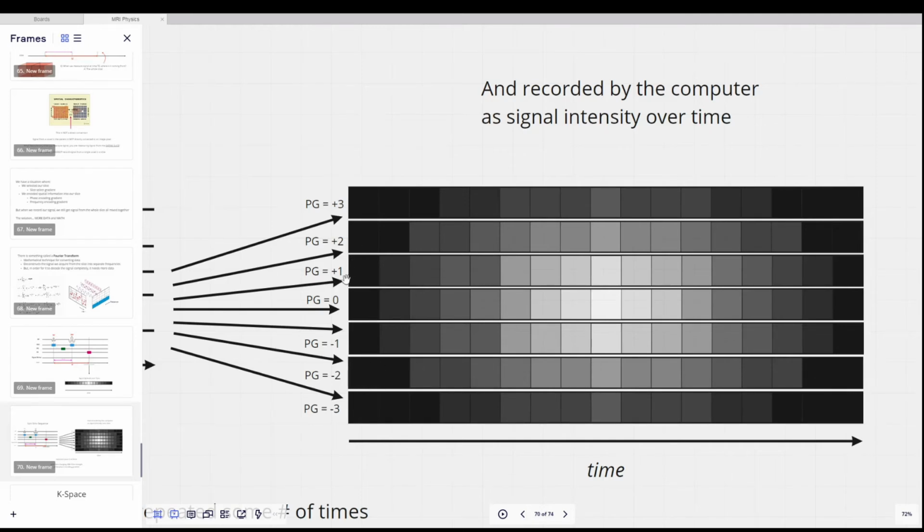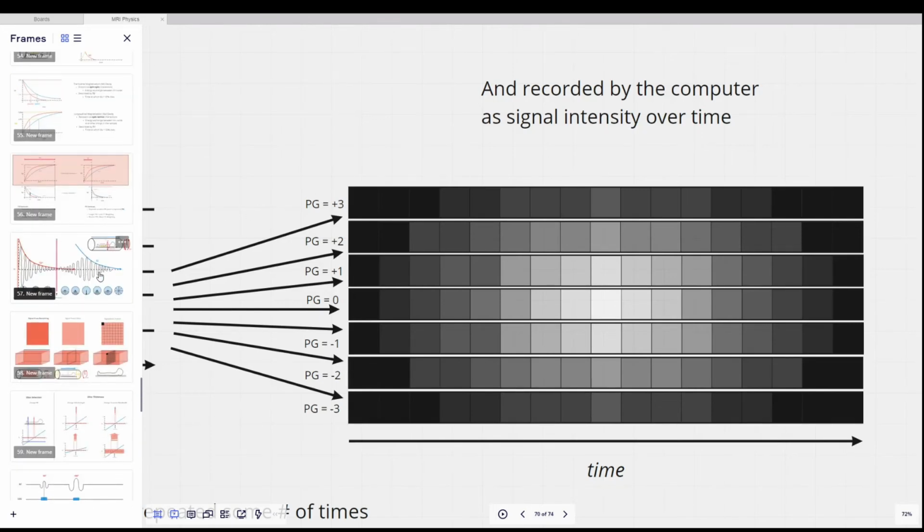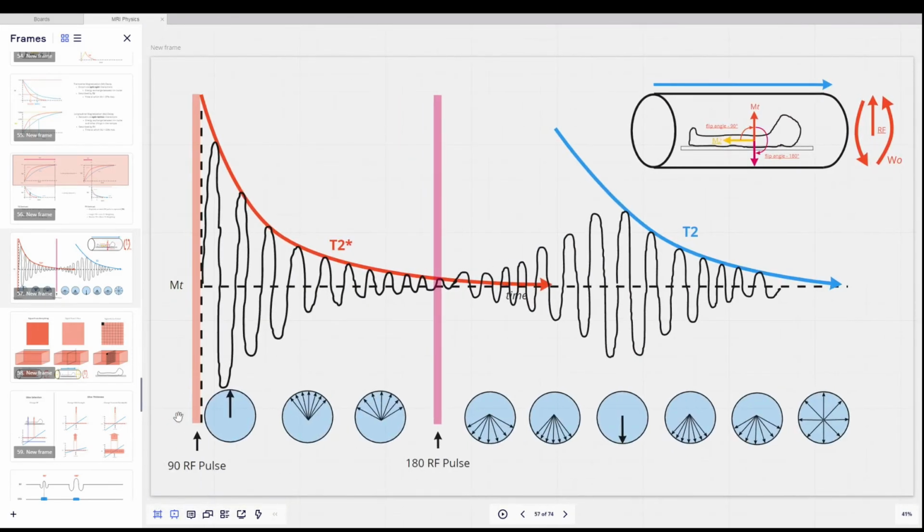Now notice that as we make our phase encoding gradient stronger and stronger, what's happening to our signal? It's becoming weaker. Now why is that? Why do these rows out here with the stronger phase encoding gradients have less signal? The answer is, if we look at our phase diagram again, if you have a stronger magnetic field, you're going to dephase your spins faster.